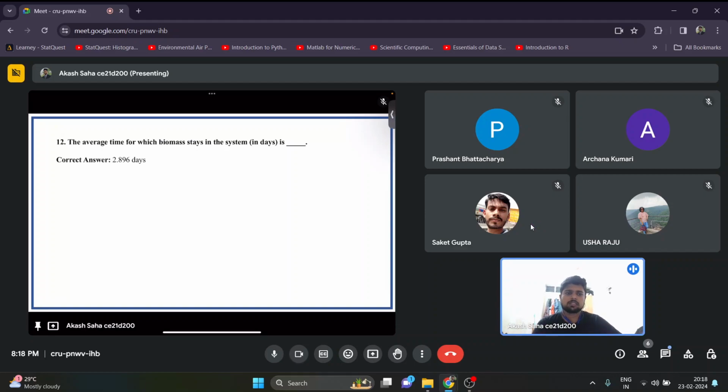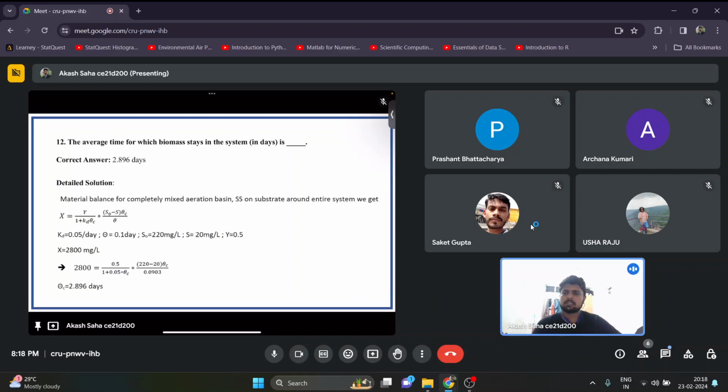Okay, so here the answer would be 2.896. And how to get the answer? So again, we will directly use the equation. So this is the equation which we will use. X is equal to y by 1 plus kd theta c, s naught minus s, theta c by theta. So here everything is known except the value of theta c.